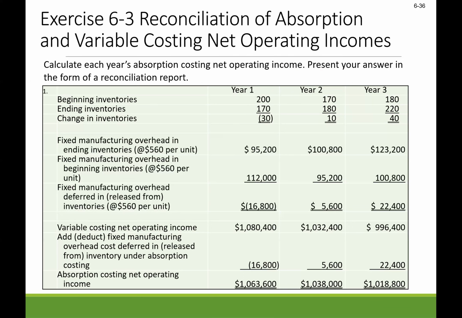And what we would do is subtract out the fixed manufacturing overhead that got released from inventory. It is going to reduce that net income because it's now part of cost of goods sold.